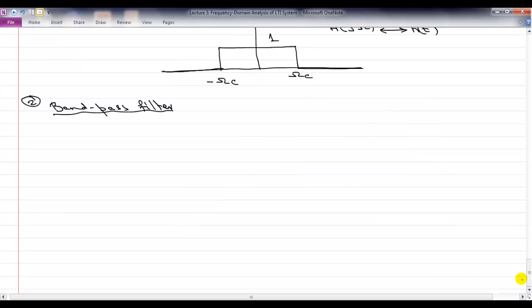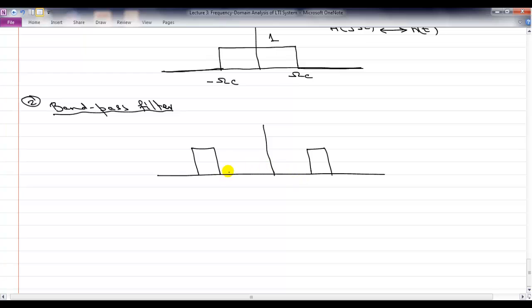We are not going to do that because you can always compute that. It's going to be a sinc. So a bandpass filter is one which keeps frequencies in a certain region away from 0. Okay, that's a bandpass filter. So a bandpass filter looks like this in the positive region, and of course the same in the negative region.